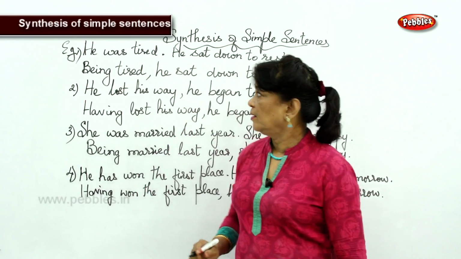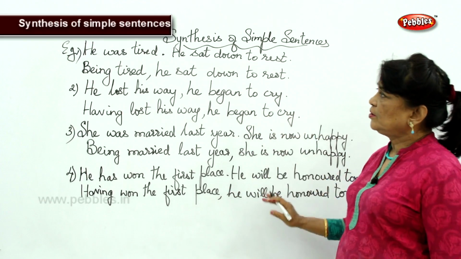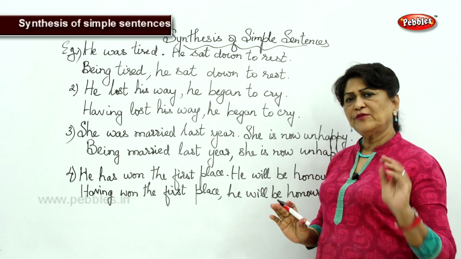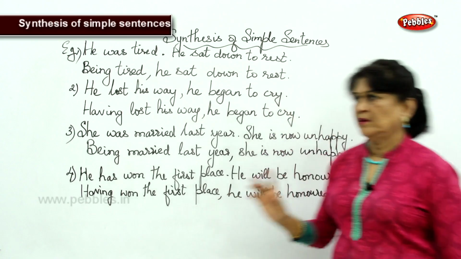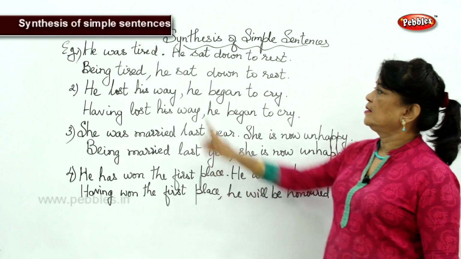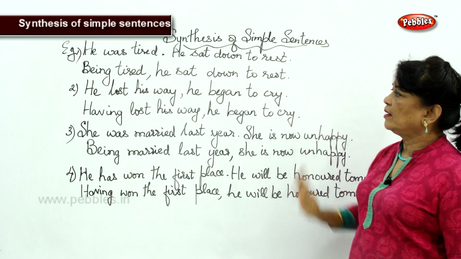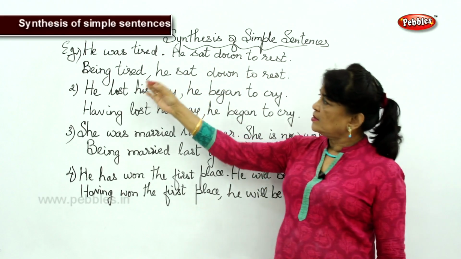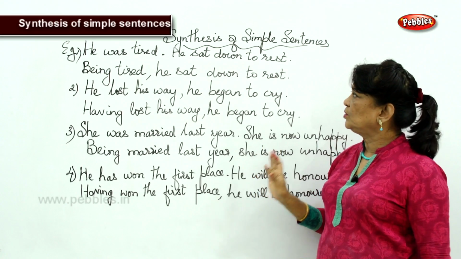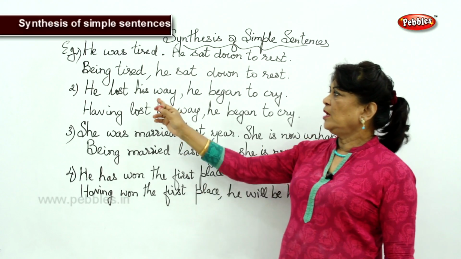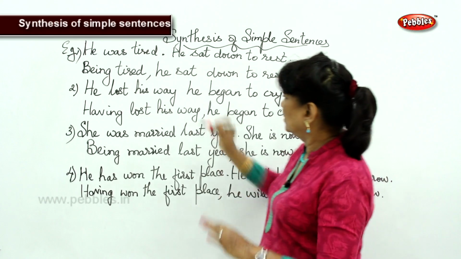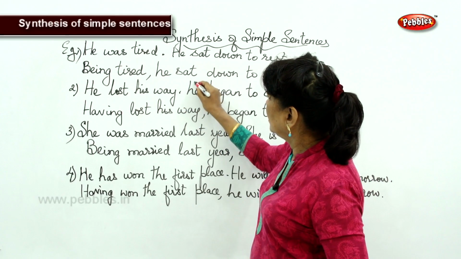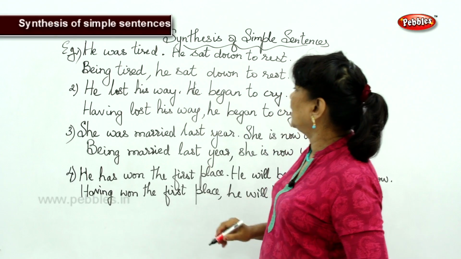Okay, now I am going to explain to you once again, and then I am going to give you a 5 marks test. Or I will make it 5 into 2, a 10 marks test. He was tired, he sat down to rest. Being tired, he sat down to rest. He lost his way. He began to cry.